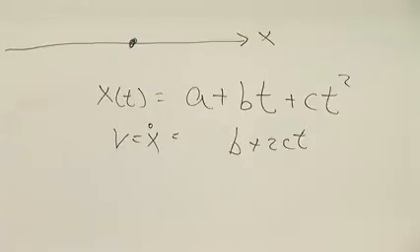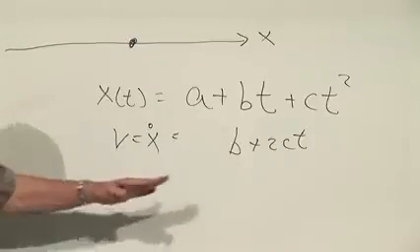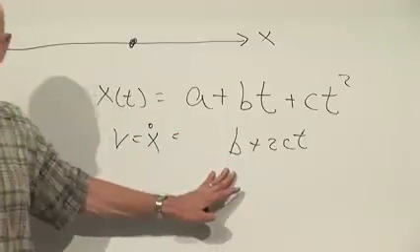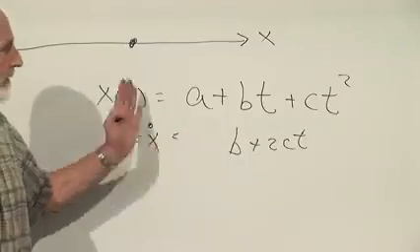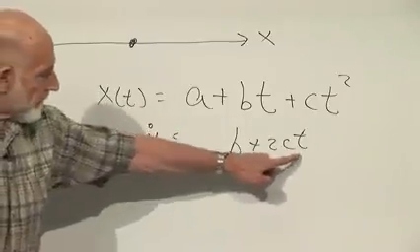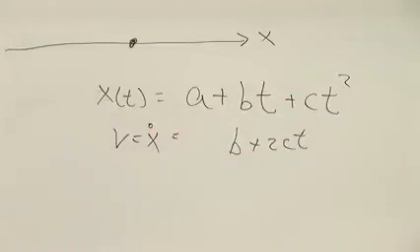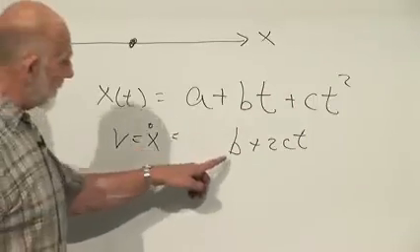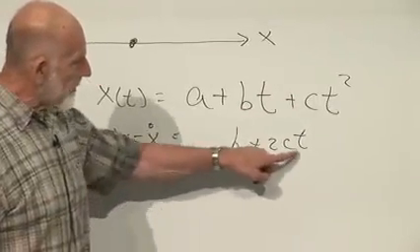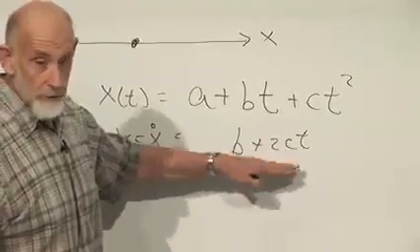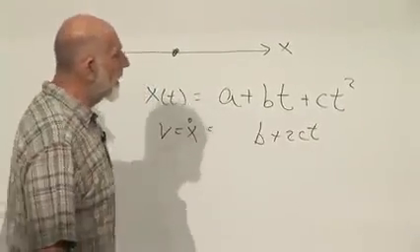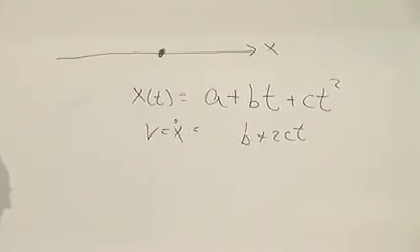All right, so this tells us now that the velocity at time 0 is b, to start with. But then the velocity starts increasing. Of course, it depends on whether c is positive or negative. But whatever it is, it starts at b, and then as time goes on, it either increases or decreases depending on c, linearly with time.